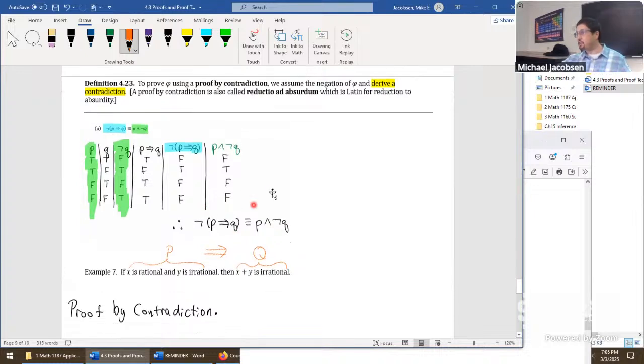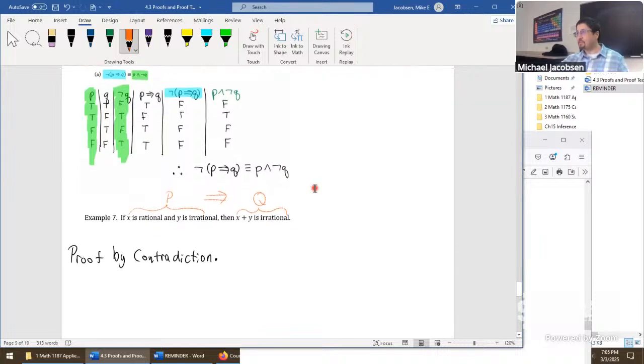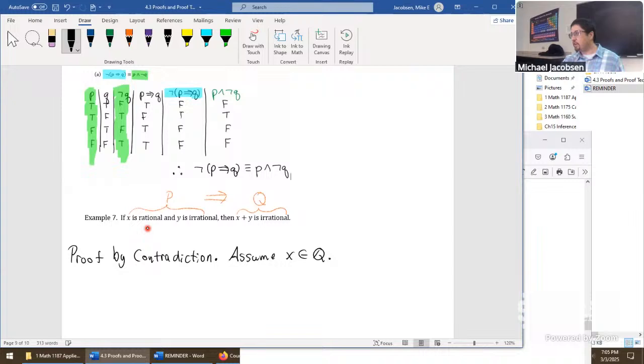Negation of P implies Q is P and not Q. Well, if that's the case, what are we assuming here? We're assuming P is true. Let's say that. Assume X is rational. Well, that would mean X is in Q, the set of rational numbers. Y is irrational.